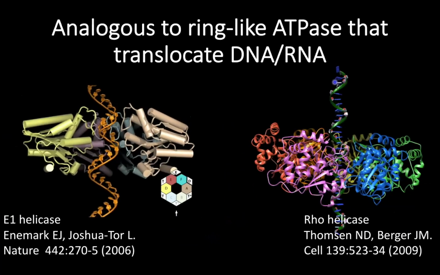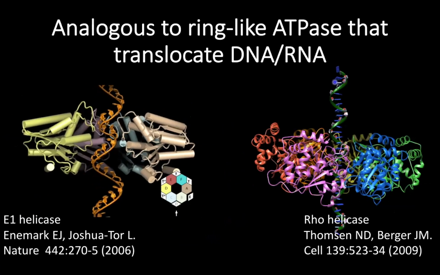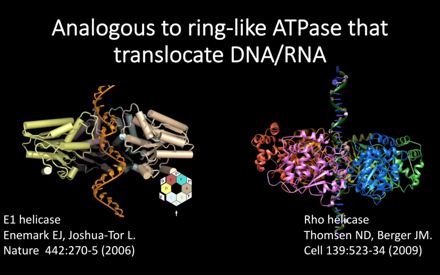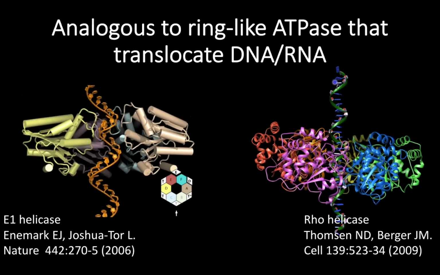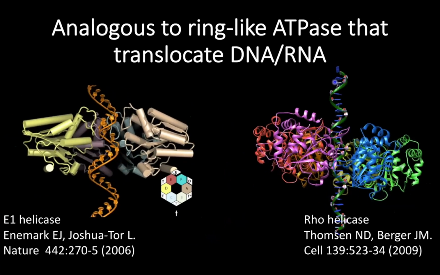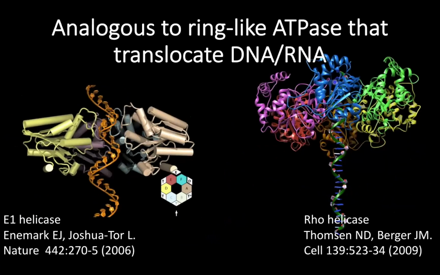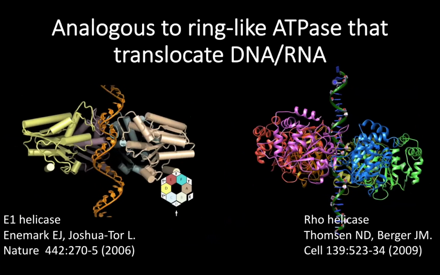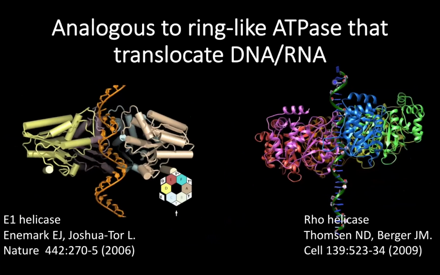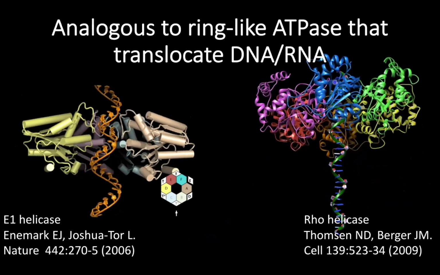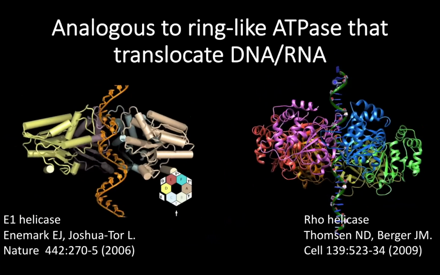One thing I should make clear at this point is that the overall concept behind the mechanism that we're proposing is not completely original. Some time ago, Joshua-Tor's group published a beautiful crystal structure of E1 helicase in complex with DNA, and proposed a concept. This is a different sort of AAA ATPase, but they proposed a conceptually equivalent mechanism.